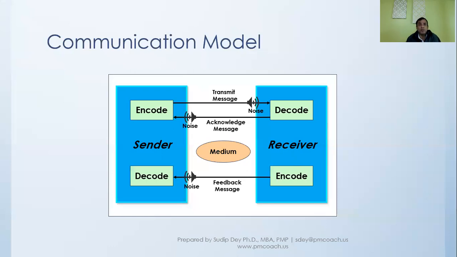So this is the communication model. And one thing that this model really brings out is that feedback is important. When we communicate with our stakeholders, let's say during requirements gathering or review meetings, we should always emphasize feedback.